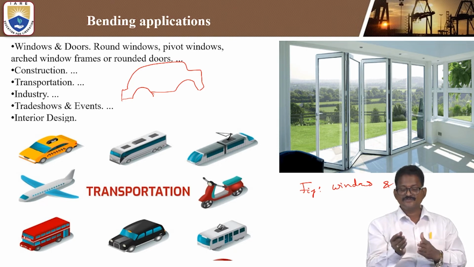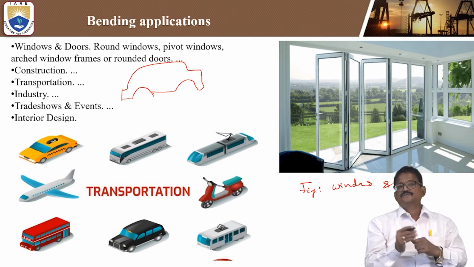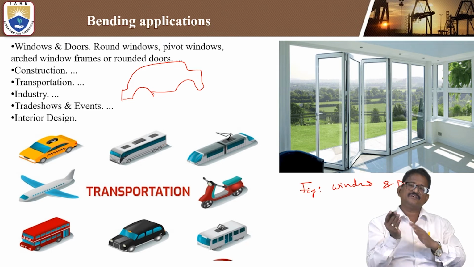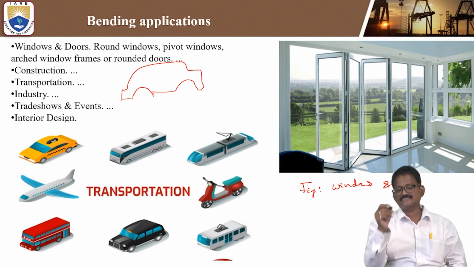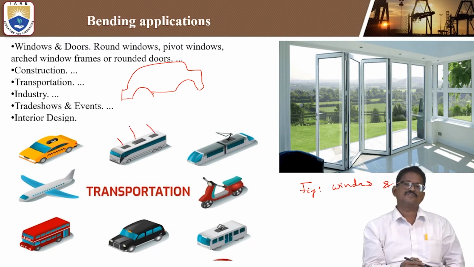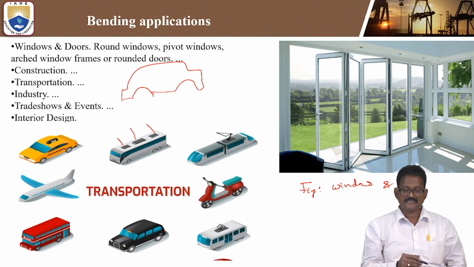Even if you take heavy vehicles like buses and even ships, ships also have so many bends, V channel and different cross sections. Here also you can see one, two squares and one rectangle shapes can be easily performed by these bending techniques.